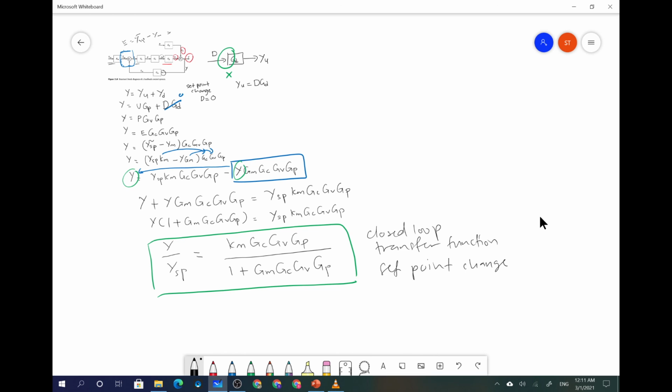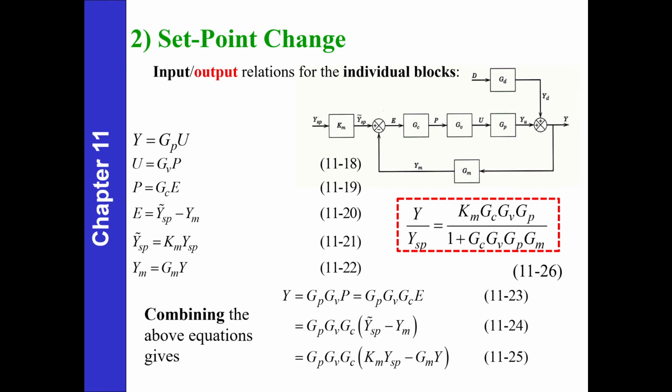We derived everything for the case of set point change. So we get this closed loop transfer function for set point change.